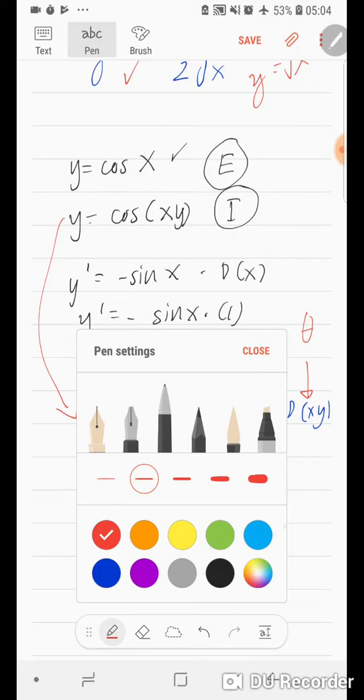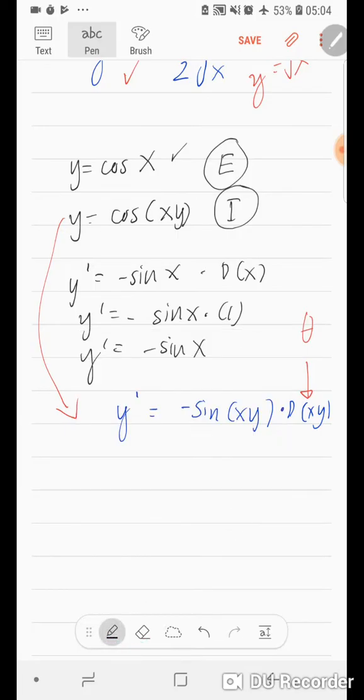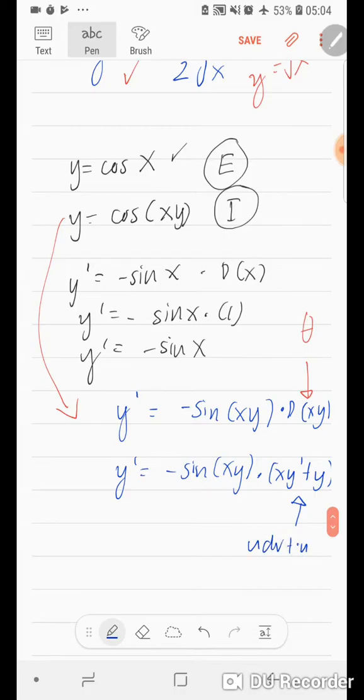So y prime is equal to negative sine xy times x y prime plus y. So this is your u dv plus v du.